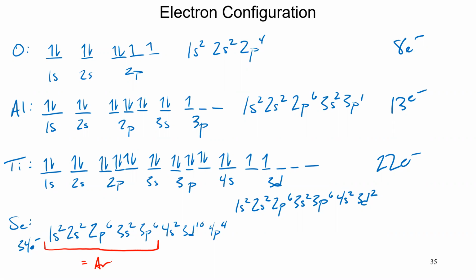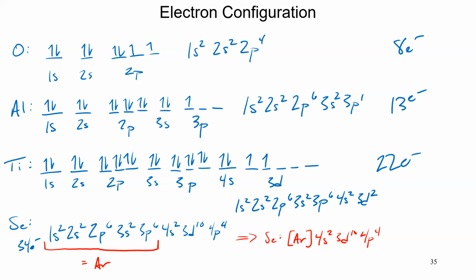They have exactly the same electron configuration. And so one of the ways that we can write the selenium electron configuration is to just say that it's argon. We put that in brackets. And then we just say everything past argon. 4s2, 3d10, 4p4.